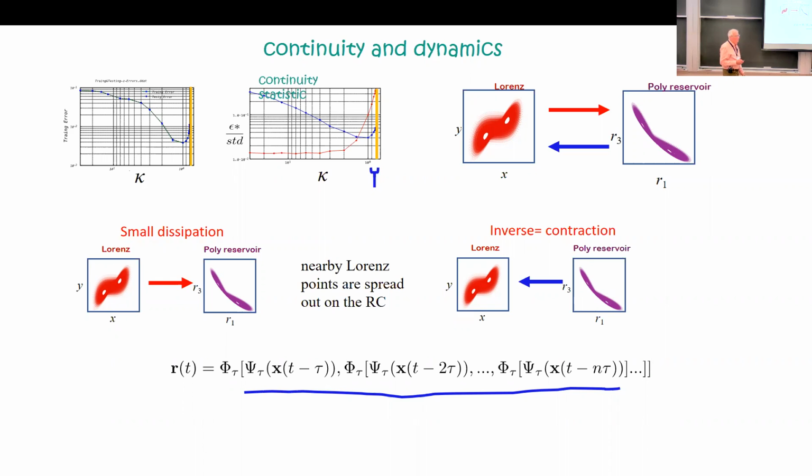There's a well-known theorem, not theorem, it's a conjecture, the Kaplan-Yorke conjecture, where if you take too many components to try to reconstruct something, you'll actually end up raising the dimension of the system itself. And that's basically what's happening: the reservoir is raising the dimension. You're looking so far back in time that if the system's chaotic, all the stretching and folding ends up adding much more complexity to your reconstruction.